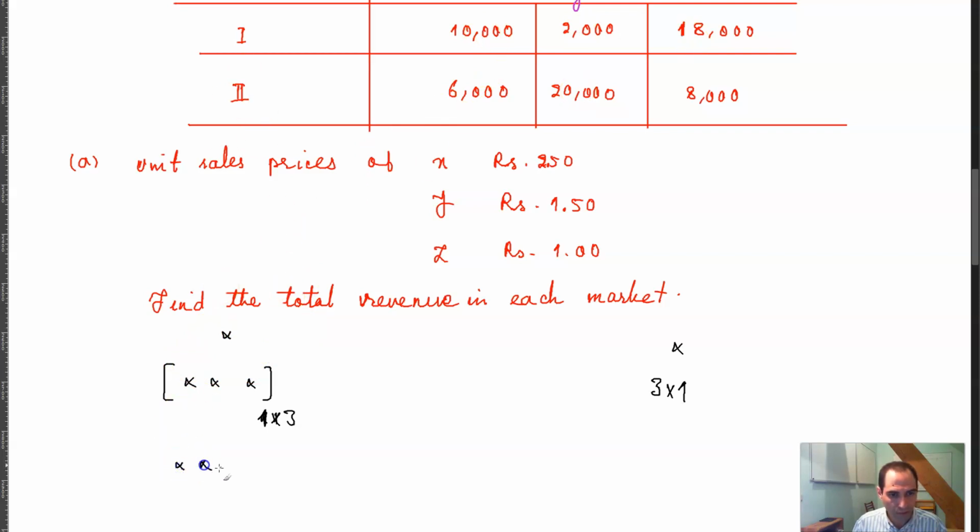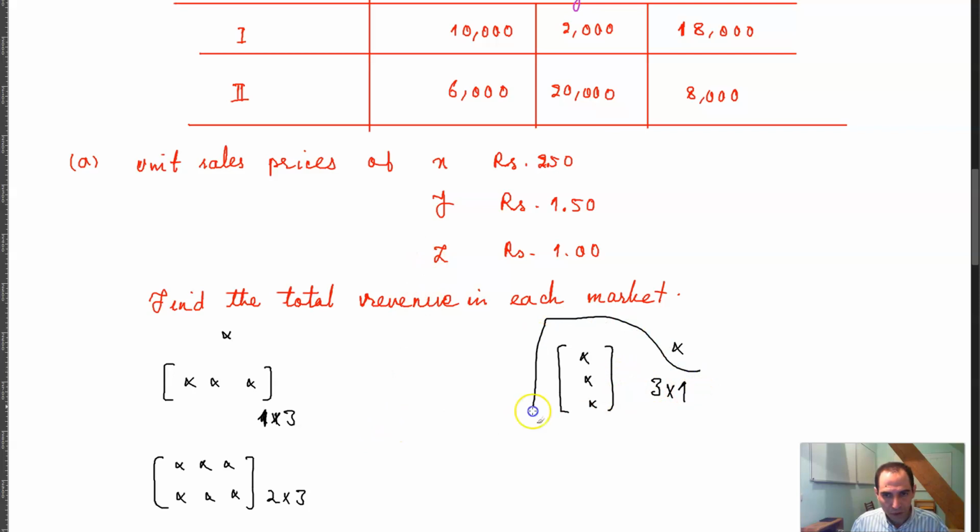So what if I add these 3 products of market 2 to the same matrix as well, and write it as a 2 by 3 matrix, right? And then to this matrix as well, that's a 3 by 1 matrix, and I add the unit prices. Actually, I don't have to add the unit prices here, meaning that I can simply keep the unit prices as they are, because the unit prices are not changing.